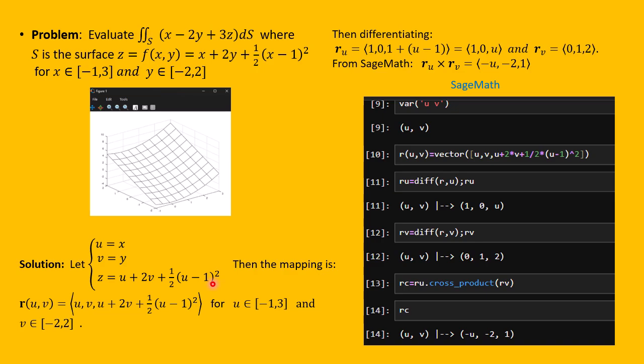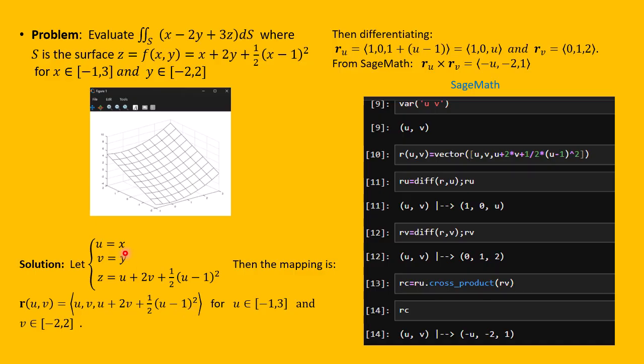And so the mapping then is r of u, v equals the x component of the vector, which is u, the second component, which is just v, and the third component, u plus 2v plus 1/2 the quantity (u minus 1) squared.